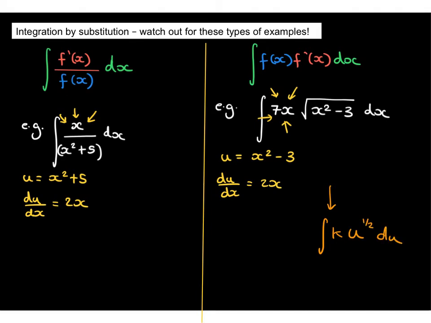And that, of course, can be worked out with the integration by substitution process, but the key principle here is that this is a very, very easy integral to perform.